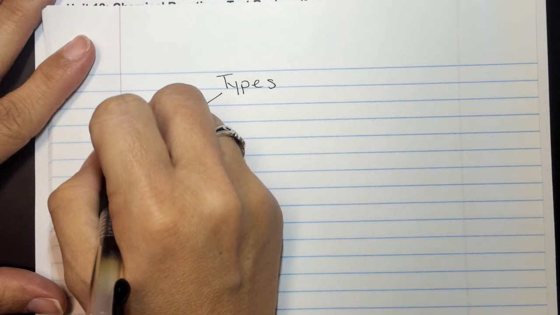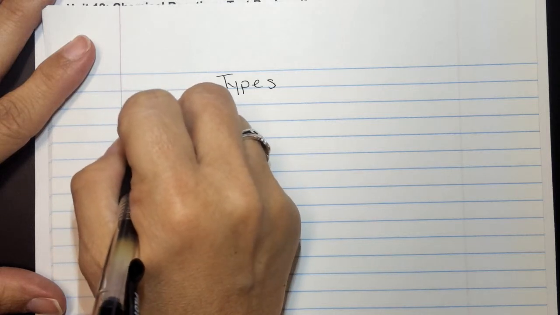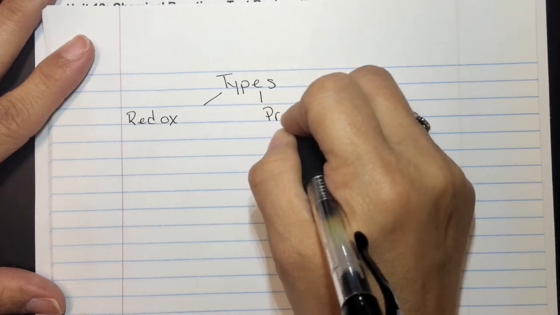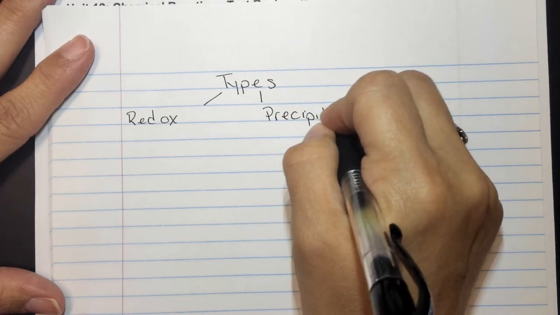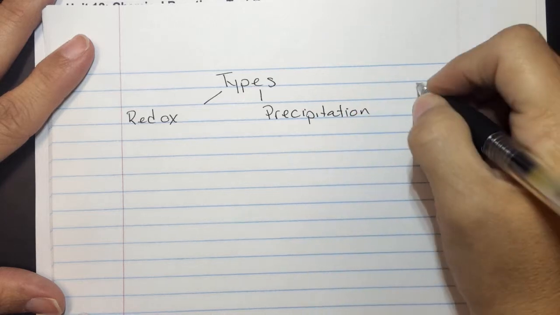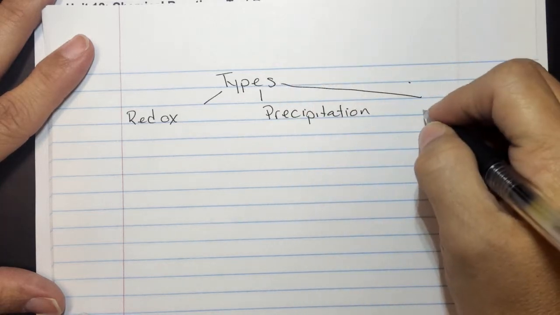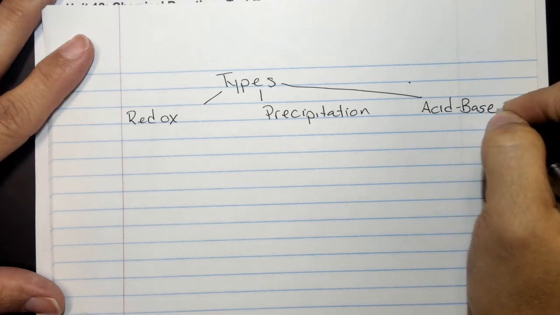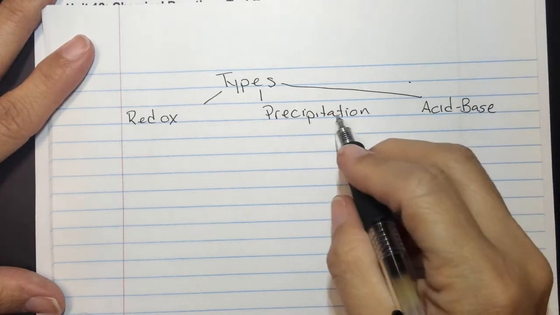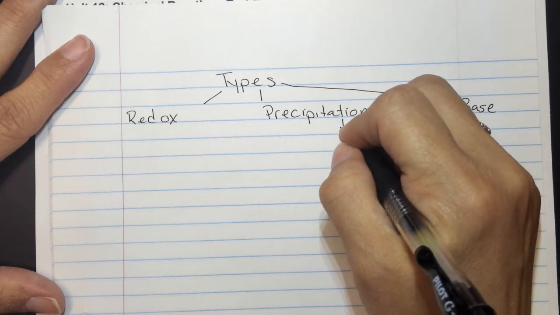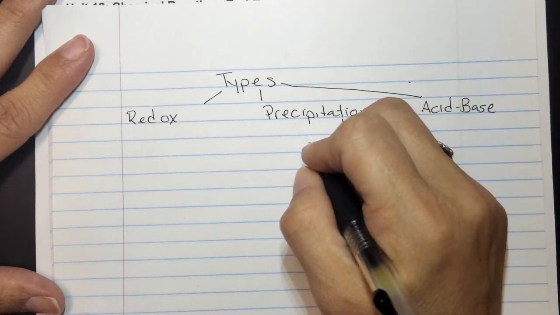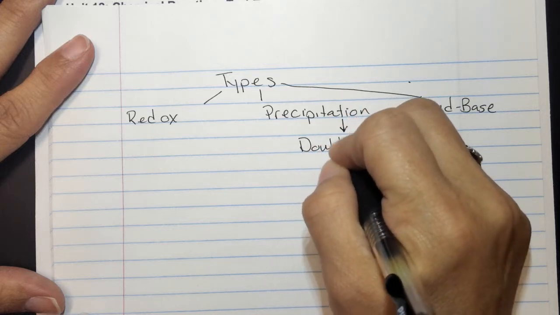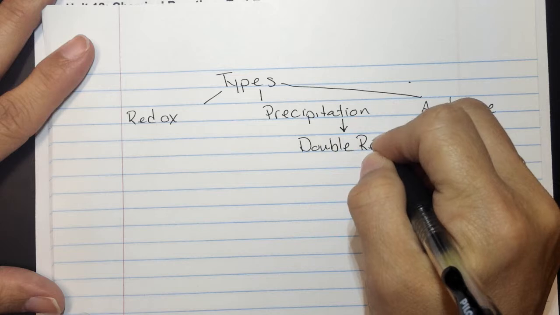We had redox reactions, we had precipitation reactions, and the third type we had was acid-base, which we said we would learn about later. Well, under precipitation, there's only one type of precipitation, and that type is double replacement.